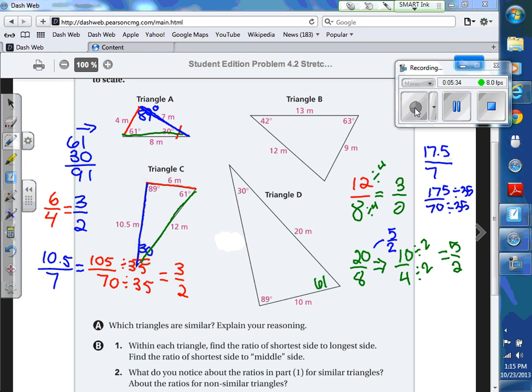The way you do it is, to get from, for example, 8 here to 20, what's the scale factor? It's 20 over 8, right? So 20 over 8 is the same as 2.5, right?